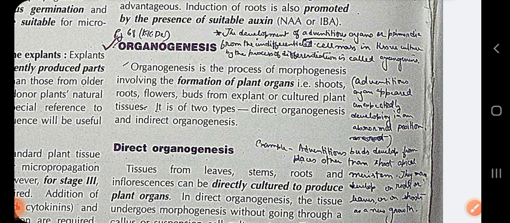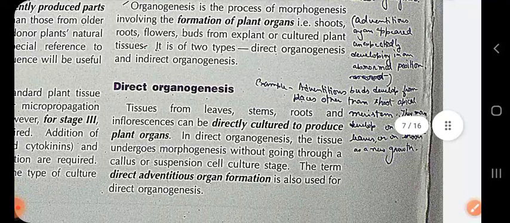Organogenesis is of two types: direct organogenesis and indirect organogenesis. Direct organogenesis simply means that directly from the explant there will be some morphological changes, some morphogenesis, without undergoing any callus formation. They will directly form the adventitious organs from the explant.